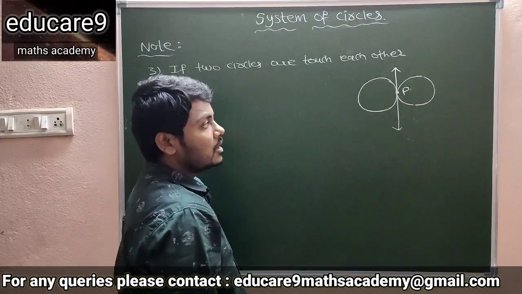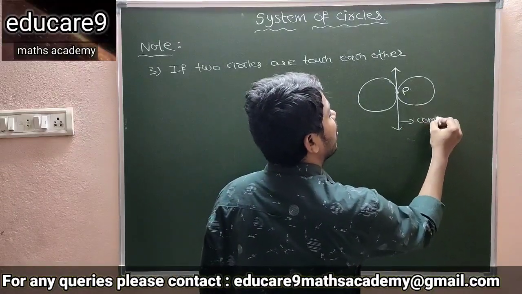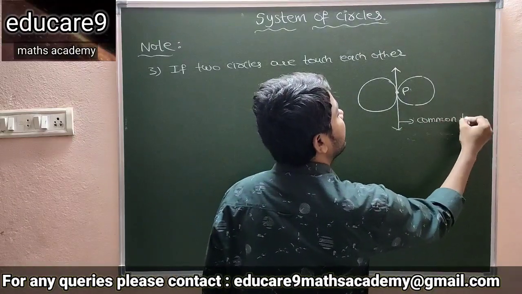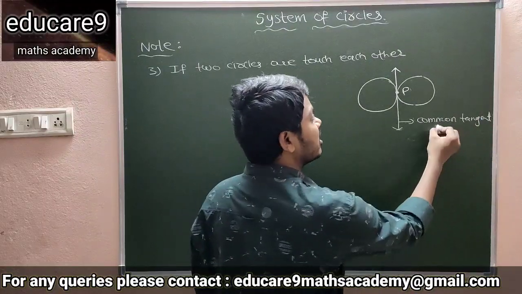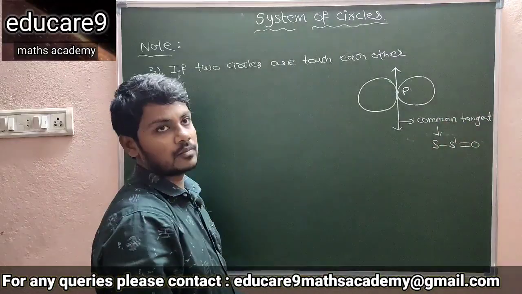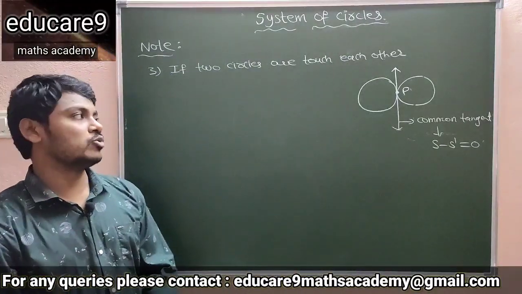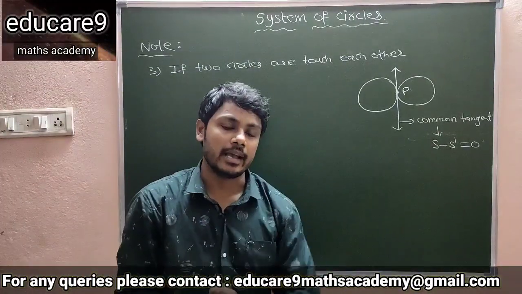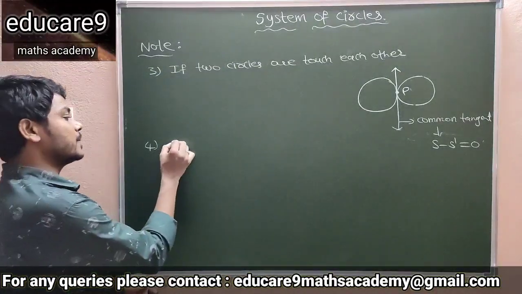Clearly this tangent line is called the common tangent, and its equation is S minus S dash equals to 0. So this is the common tangent of two circles, whose equation is S minus S dash equals to 0.